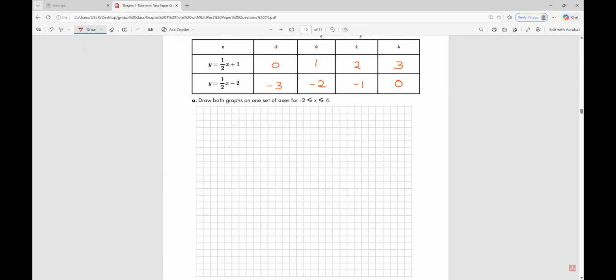I need the y-axis from minus 3 to plus 3, and the x-axis only from minus 2 to plus 4. 3, 2, 1, 0, minus 1, minus 2, minus 3.